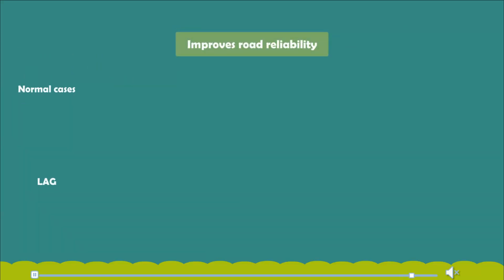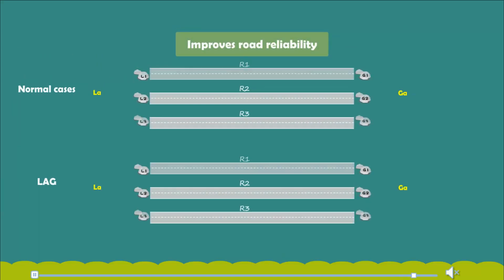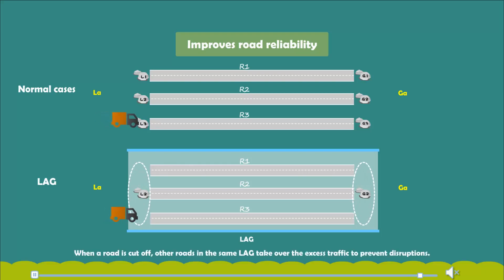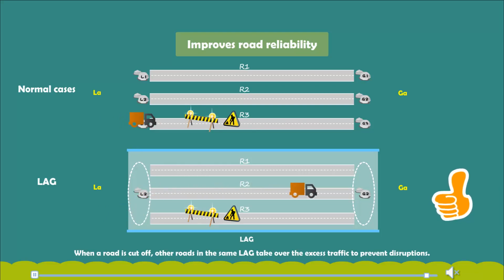It improves road reliability. When a road is cut off, other roads in the same LAG take over the excess traffic to prevent disruptions.